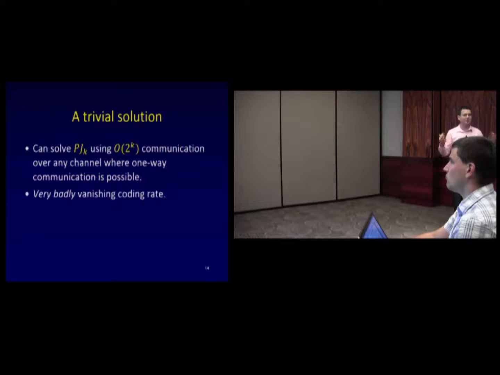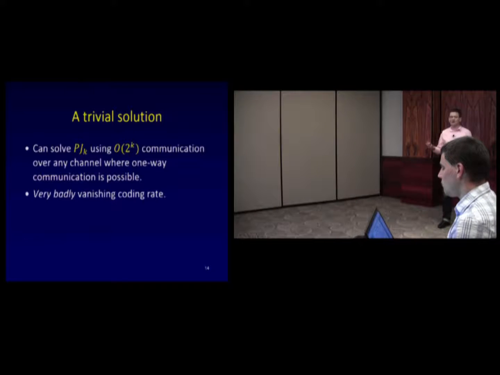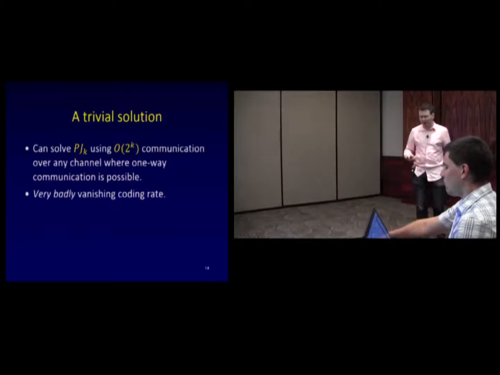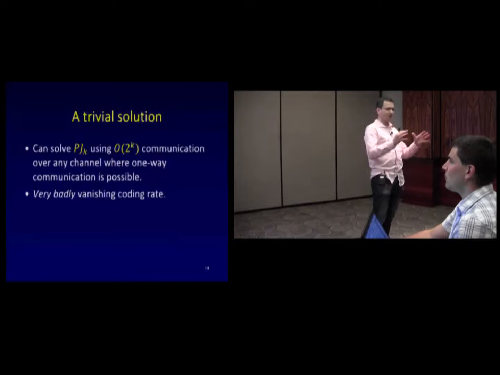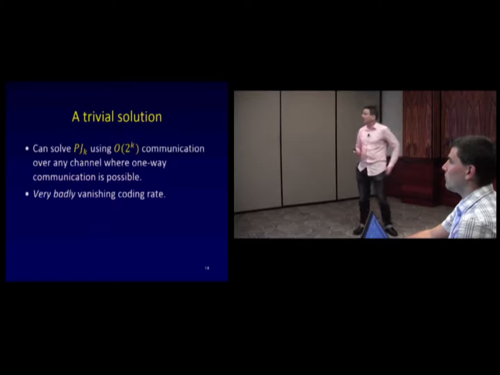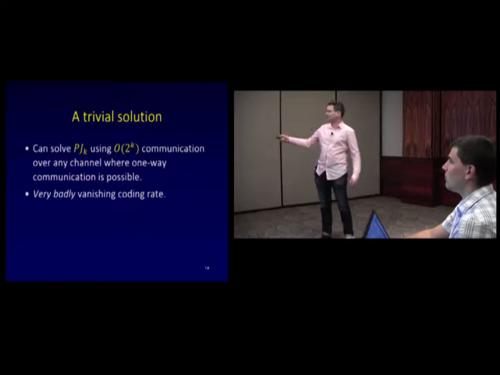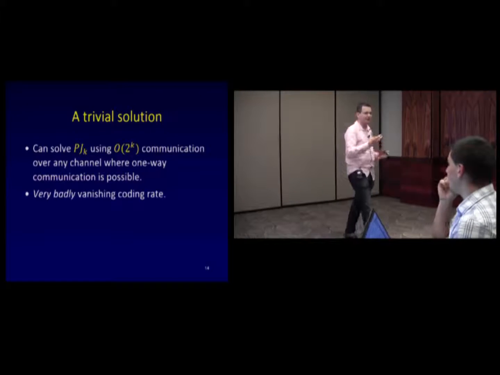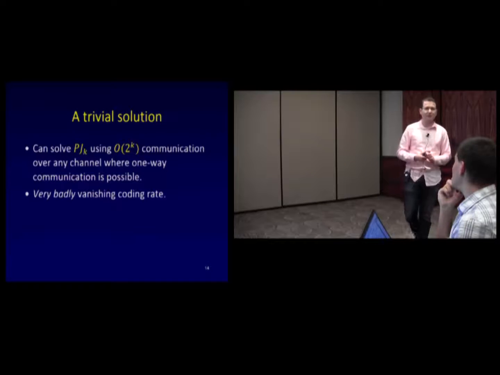So basically you avoid dealing with interaction by making it non-interactive. Is this clear? This is not a main point, just an observation, but it's a terrible coding rate. It converts a k-bit thing to a 2 to the k-bit thing.